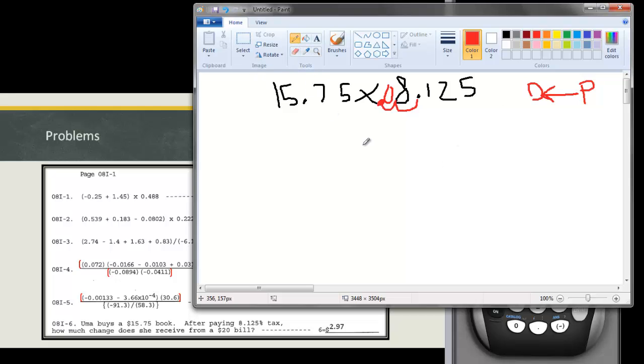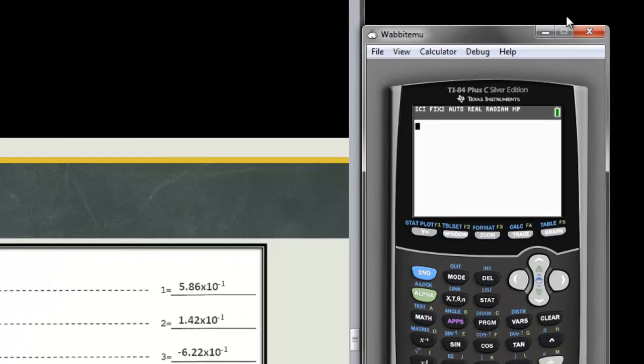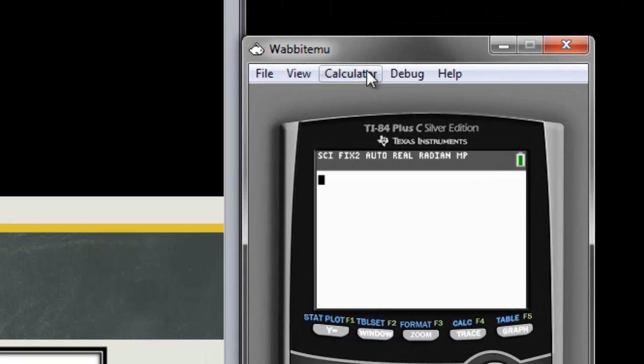Now, she ends up paying with a $20 bill. So in my calculator, I want to put all this together because it's going to be tricky going back and forth with everything. She pays with a $20 bill.